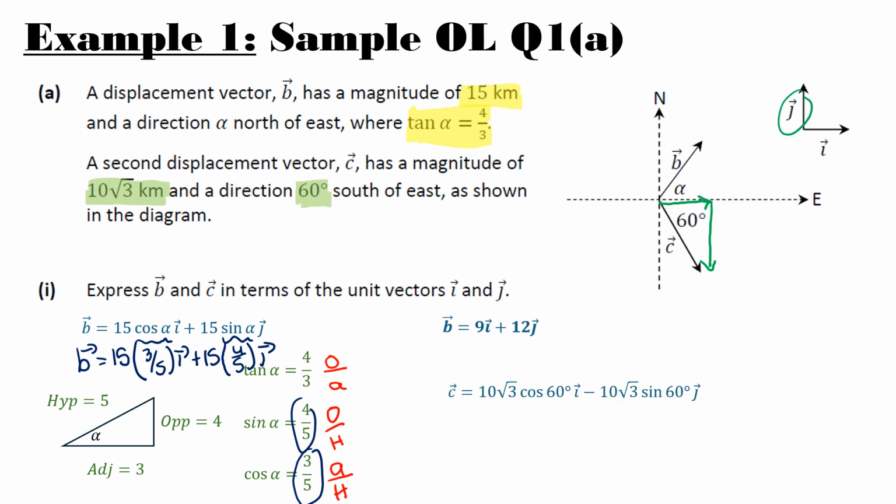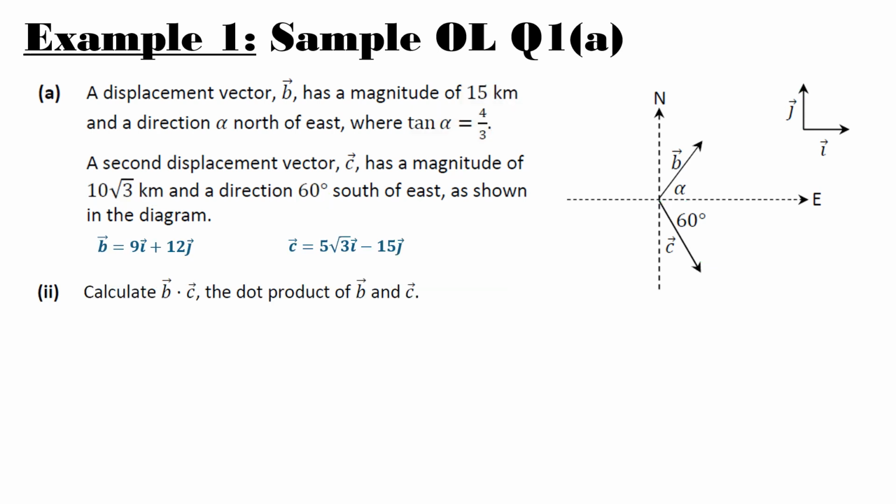So this is going to look like 10 root 3 cos 60 i minus 10 root 3 sine 60 j, because it's going down. So you have to keep an eye on your signs here. I know resolving can be tough as you begin it, but you have to keep an eye on your direction. Remember, we have a diagram here, so we're not just trying to rely on the words. You can go straight to your calculator for this or use page 13 to help you. And we get final answer 5 root 3 i minus 15j.